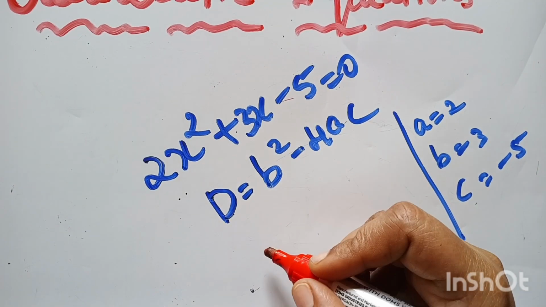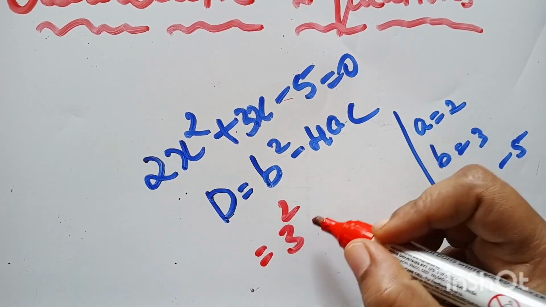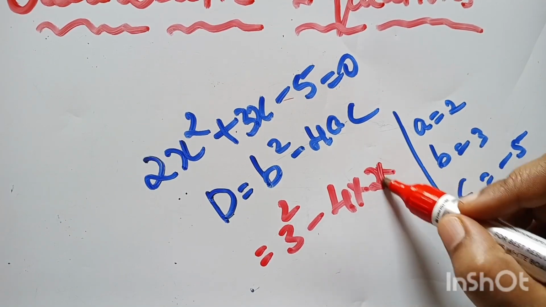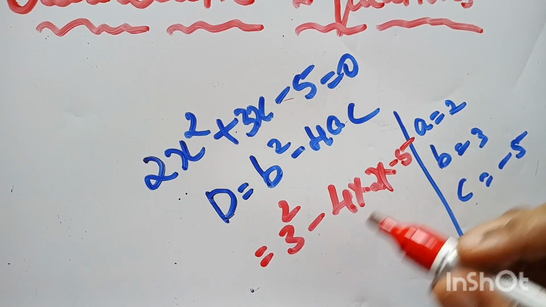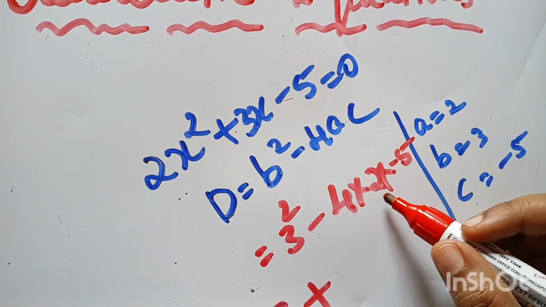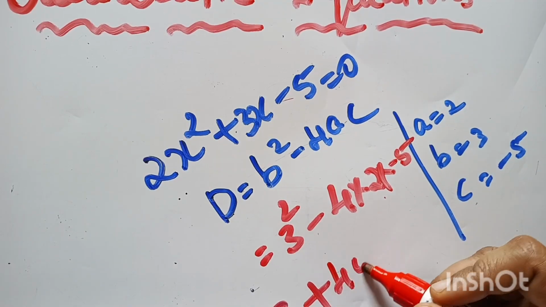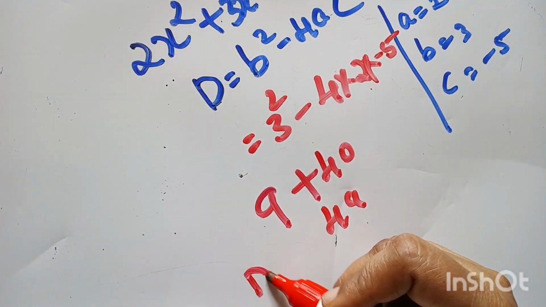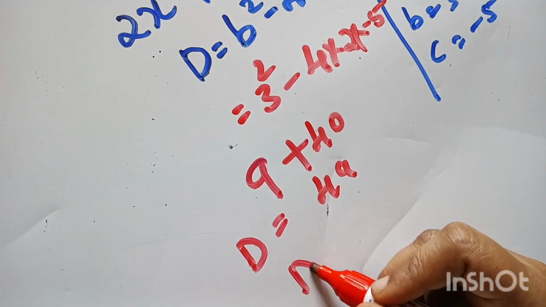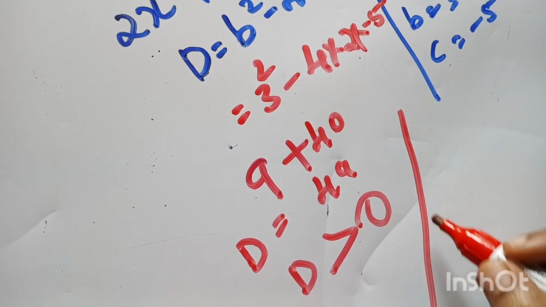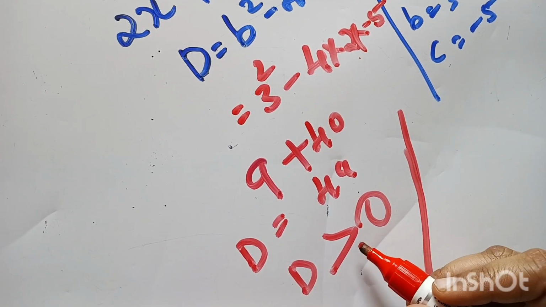Now discriminant is equal to b square, 3 square, minus 4 into a value 2, into c value minus 5. 3 square means 9, minus into minus plus, 4 2s are 8, 8 5s are 40. So the answer is 49. It means discriminant is equal to 49, and the discriminant is greater than 0.